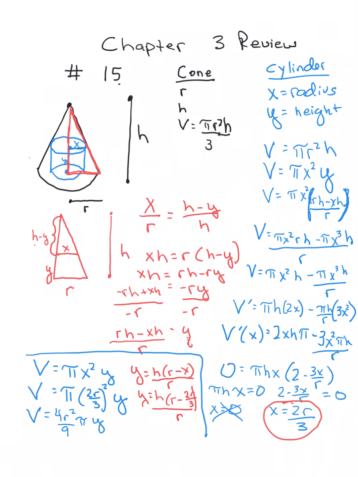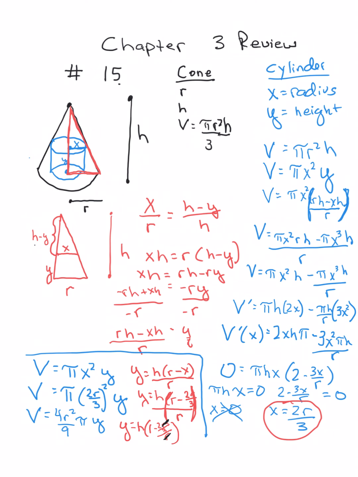Okay, so if we simplify what's in our parentheses over here, we'd get y to equal h times 1 minus 2r over 3 over r. I know you can't read that, but in black, those r's are going to cancel.